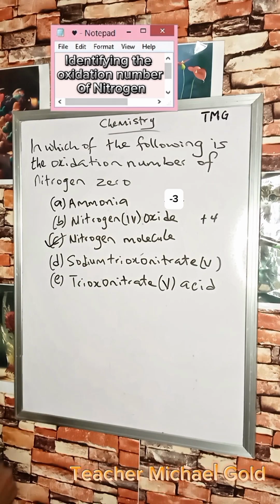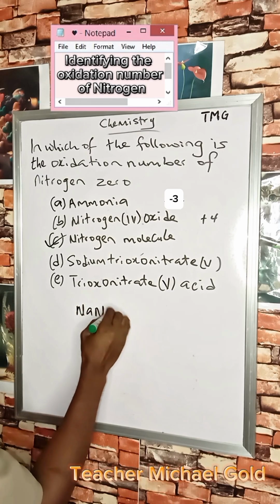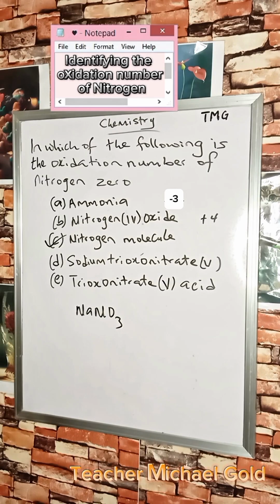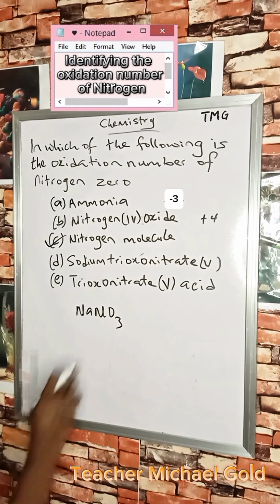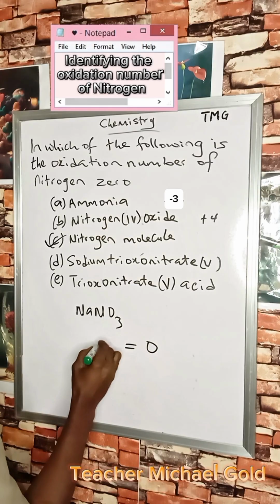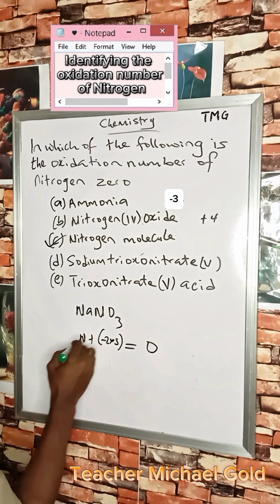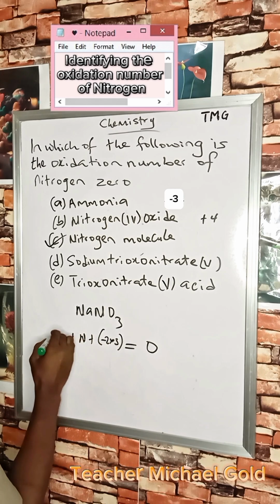Then for sodium trioxonitrate(V), what is the oxidation number of nitrogen here? For oxygen, we know that it is always -2, so -2 times 3, plus nitrogen which we don't know, and sodium is always +1.